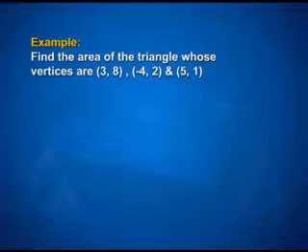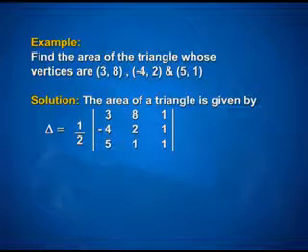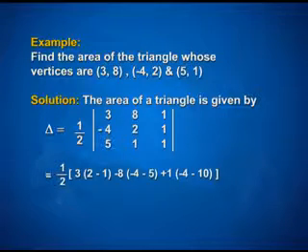Now, students, let us solve a problem using the above formula. Find the area of the triangle whose vertices are 3, 8, minus 4, 2 and 5, 1. For the solution, as we know, the area of the triangle is given by the formula determinant is equal to half of determinant 3, 8, 1, minus 4, 2, 1, 5, 1, 1 can be simplified as half of 3 into 2 minus 1 minus 8 into minus 4 minus 5 plus 1 into minus 4 minus 10.